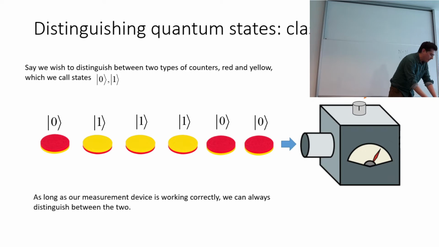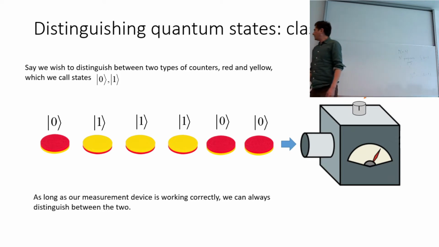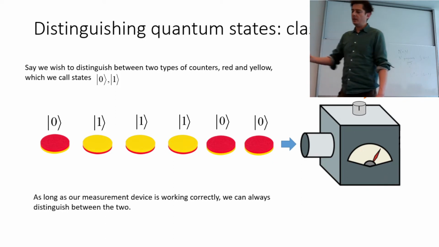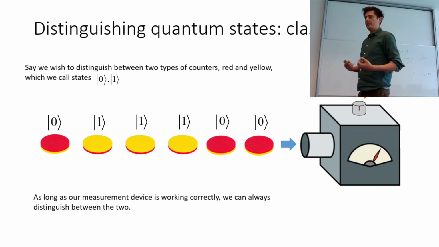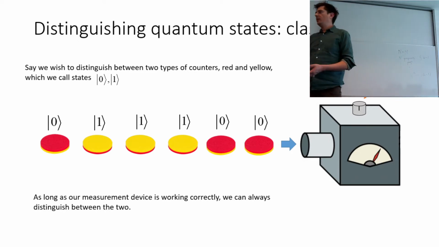And one way that this is different to classical cases is that, classically we're used to the fact that if we have something in a different state, we can read that out, right? We can do a measurement, figure out what the state is. This is what, basically, your computer does in your memory.